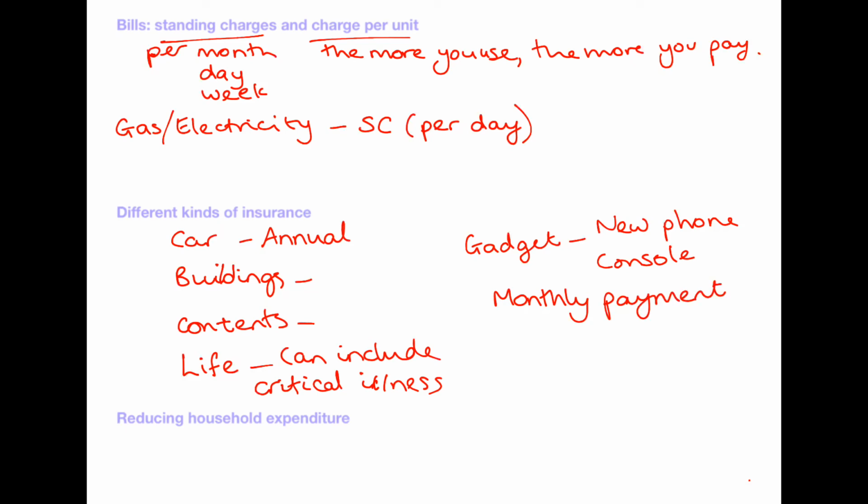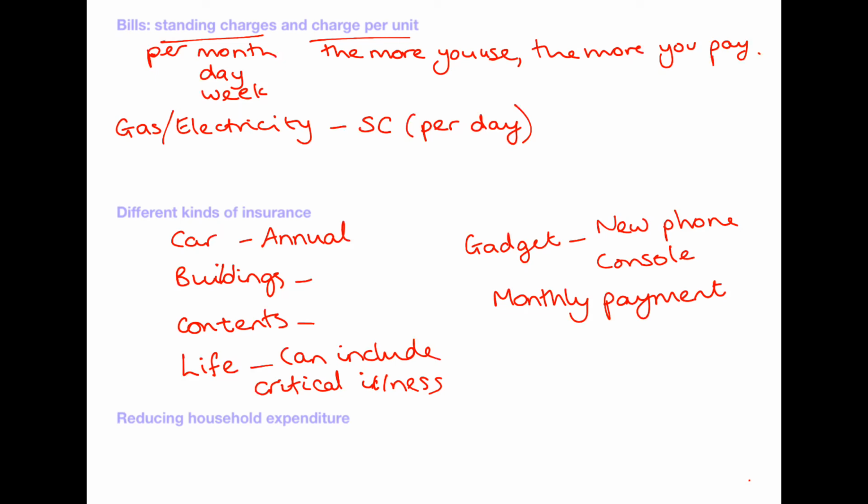Okay, if you choose it, it means that if something goes wrong, if you drop your phone and smash the screen, you've got a small amount to pay, but not as much as just buying a new screen would cost. Okay, these kinds of insurance often involve accidental damage cover.